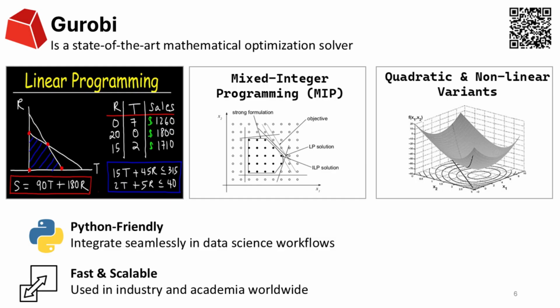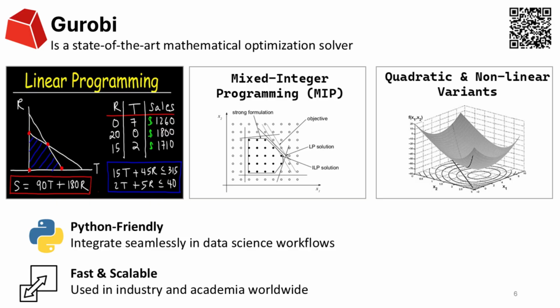Let us take a closer look at Gurobi. It is a state-of-the-art tool designed specifically for mathematical optimization. Gurobi is used by major industries and universities all around the world because it is both fast and scalable. It can handle 3 main types of mathematical challenges shown here. First is linear programming, which we're using for our factory model.